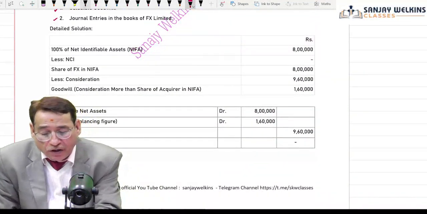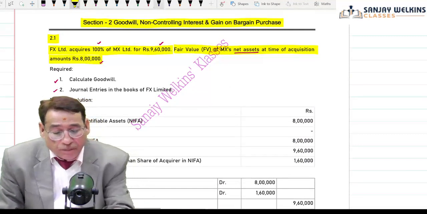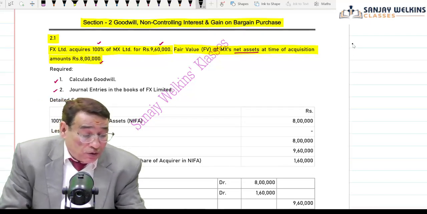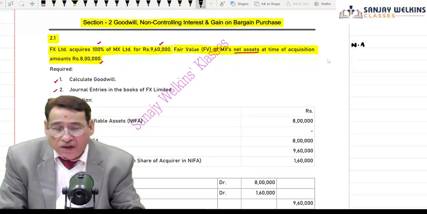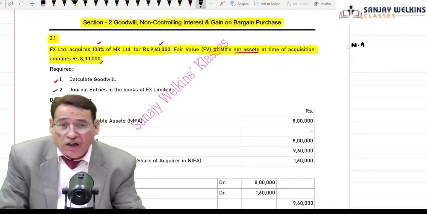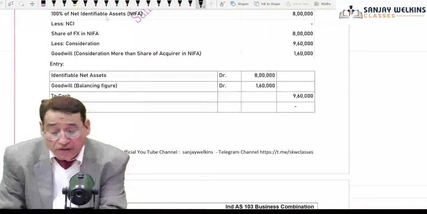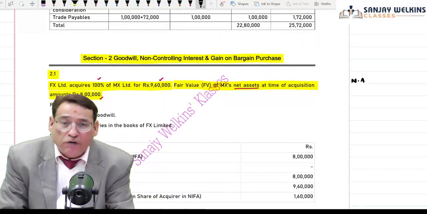First of all, just to make it a little bit understandable, you are going to note down the total net assets. Whenever I say net assets, you can also write net identifiable assets, or NIFA. NIFA means net identifiable asset. As I have written here, 100% of identifiable asset, that means 100% of 8 lakh.